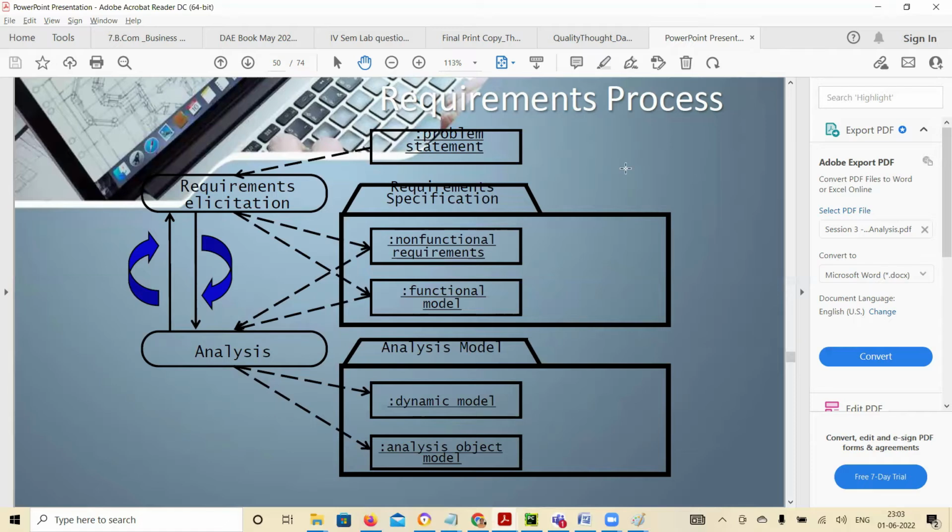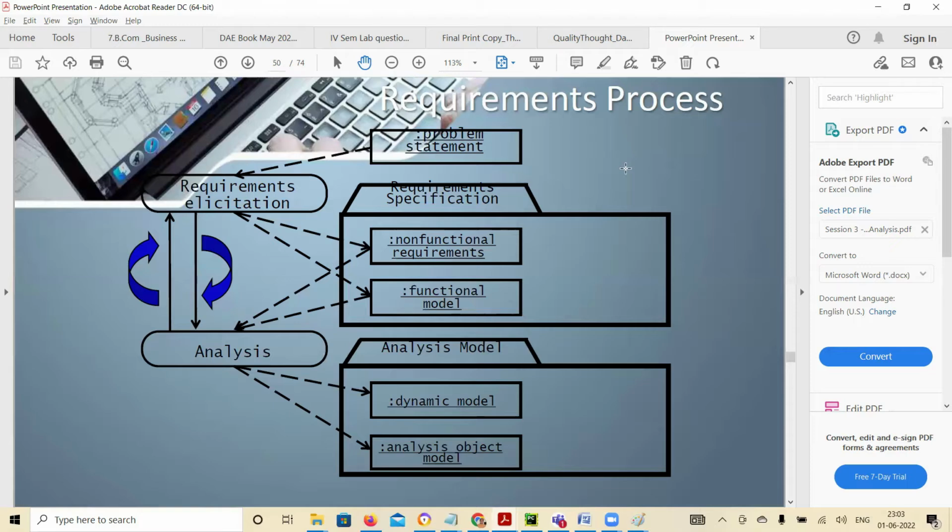Analysis is when you create the requirements, and for each of the requirements you will have to create an analysis model. There are multiple analysis models, and you choose depending upon how comfortable you are and which are relevant. The idea is that you learn as many tools as possible, but you won't be using everything everywhere.